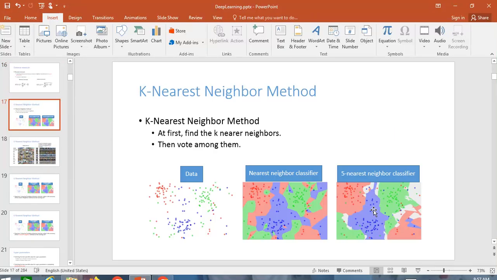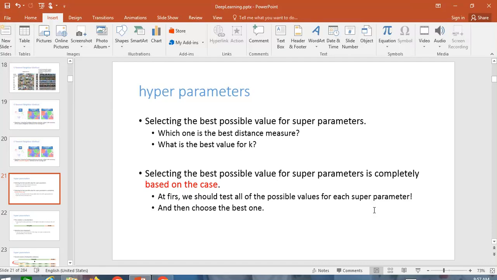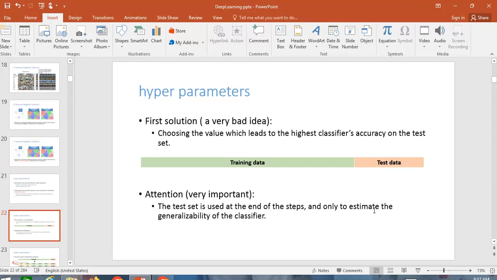In this way, we try all the situations. For example, k is equal to 1, k is equal to 2, and see which k works better for that training set. These are called hyperparameters. We determine their values with the same method of testing. In this way, we divide the data into two categories, training and testing sets.